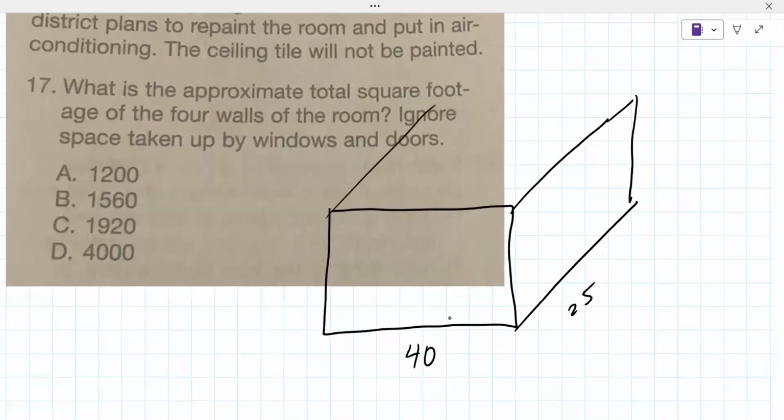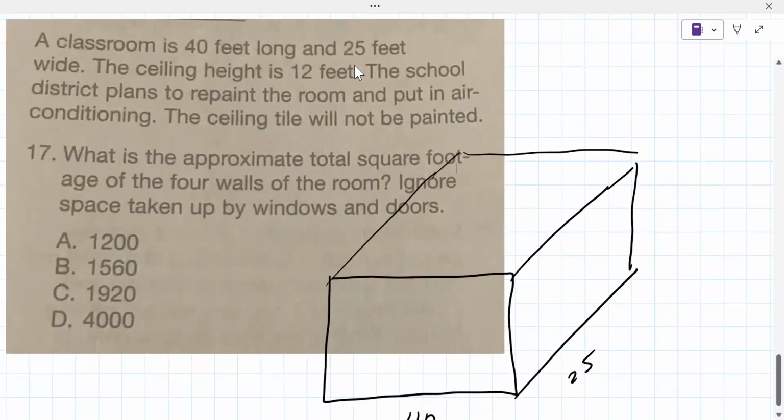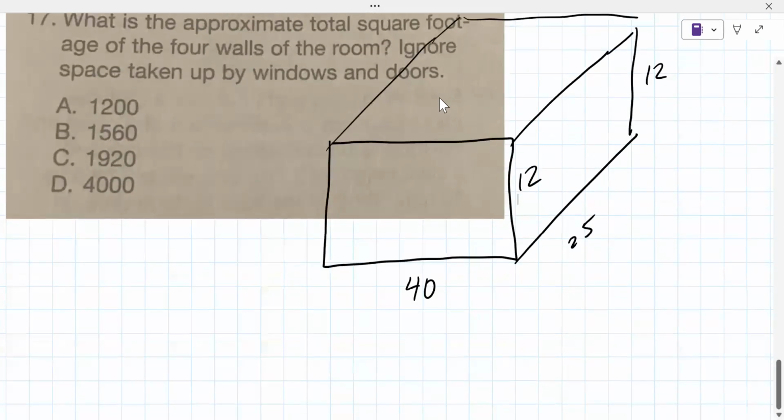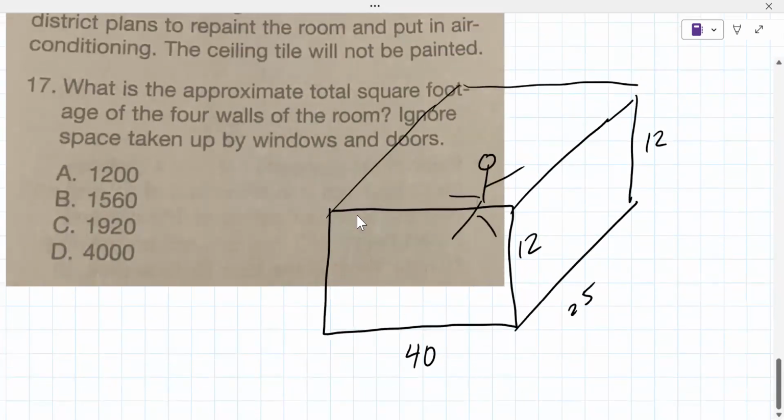Okay. So that means that, and then there's also the height. So it also says here the height is 12 feet. So that's 12 feet and that's 12 feet. So if you imagine you're standing in the classroom, you can look and you see the front wall, the back wall, a side wall, and the other side wall. Can you visualize standing in something like that and seeing all those walls?